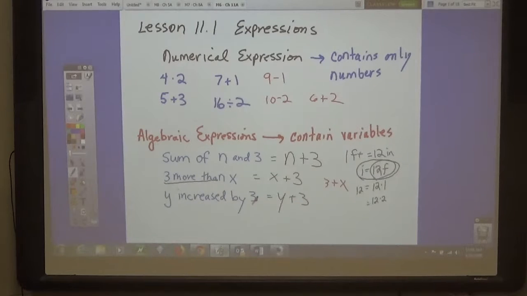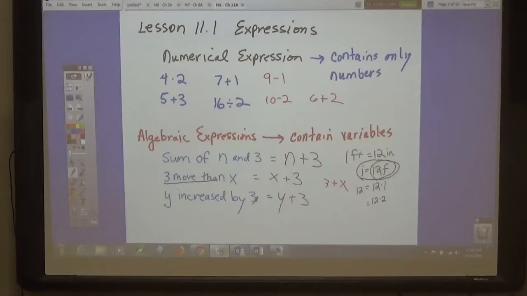Use m to represent the number of text messages over the limit. So, in the problem, it gives us the monthly charge of $4.99 for the month for text messages, plus 10 cents for each message over 200.